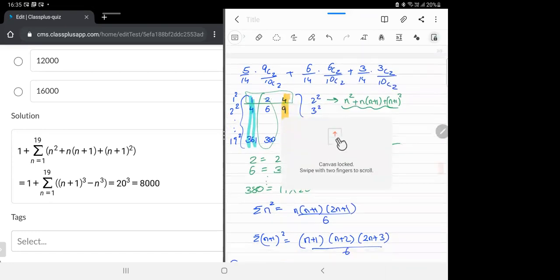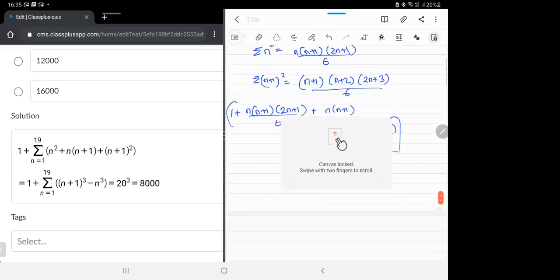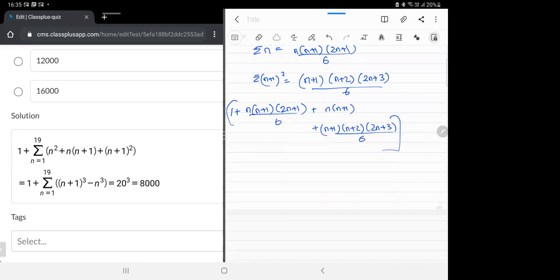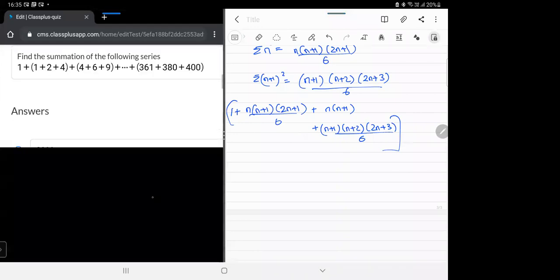When you do that expansion, it's just algebra, right? Whatever technique you follow, you should get the same answer. So if you follow this routine, you should also reach 8,000.